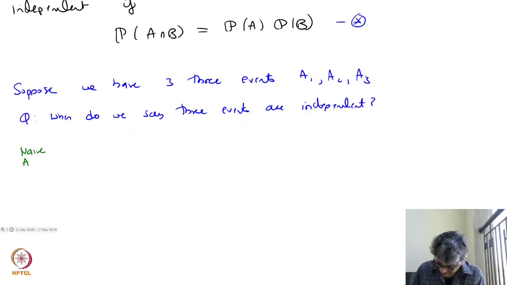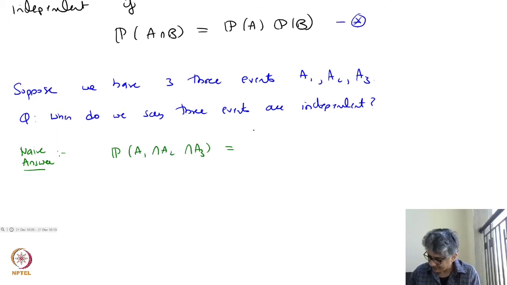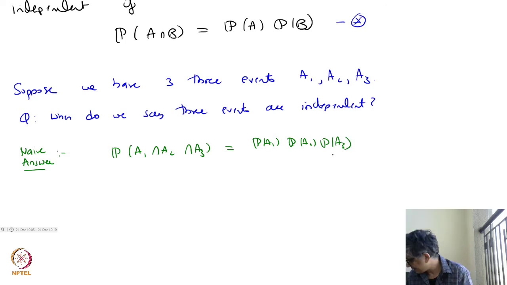You can just take the probability of A1 and A2 and A3, and by definition of the above, that is the same as probability of A1 times probability of A2 times probability of A3. Now this is an issue, right? Can I just say this to say that three events are independent?